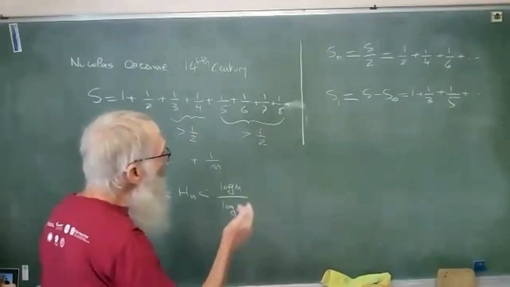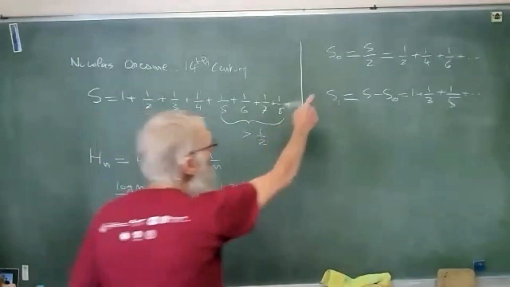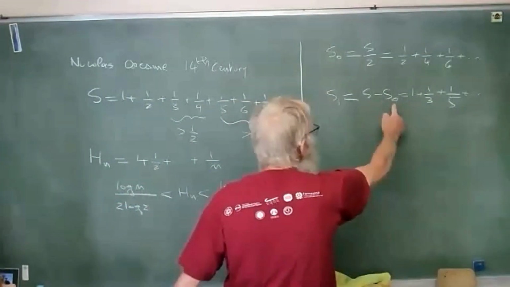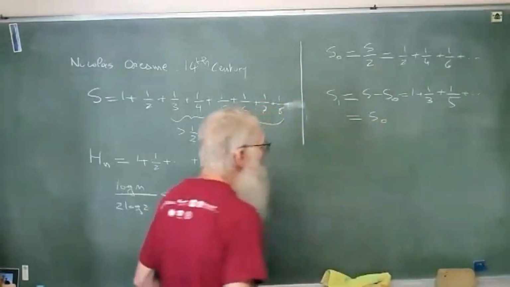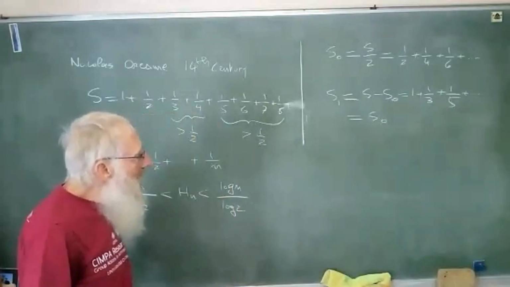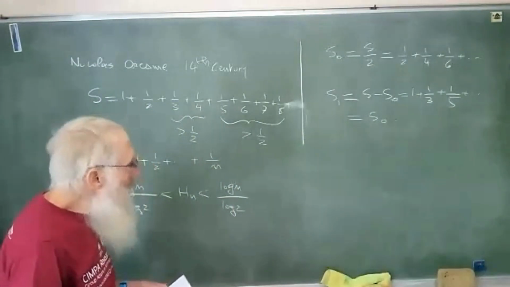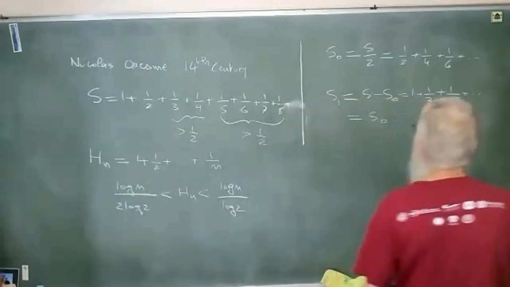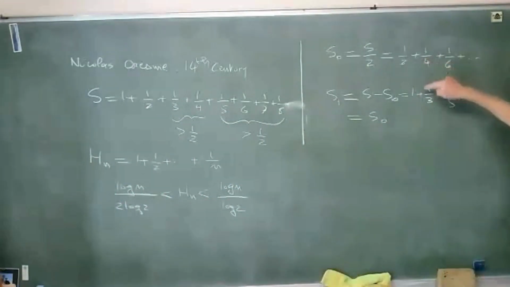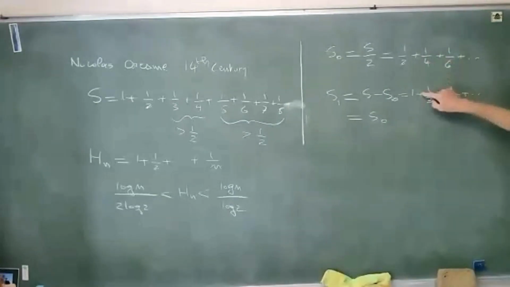But S is 2S0 because of this. So S minus S0 is S0. You see immediately that there is something which is not going nicely, because if you compare S0 and S, you see immediately that S1 should be greater than S0.